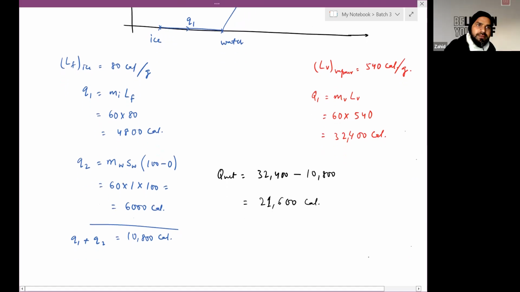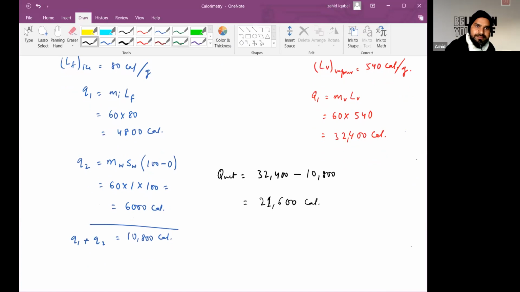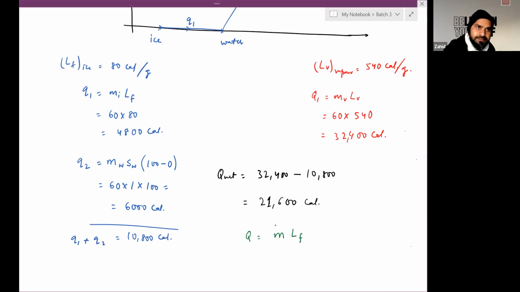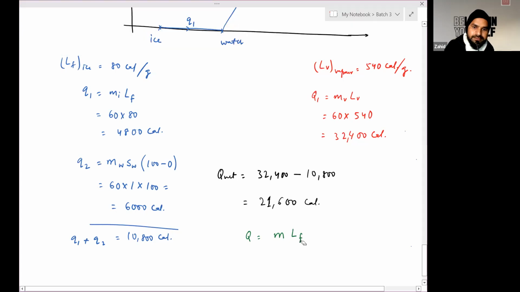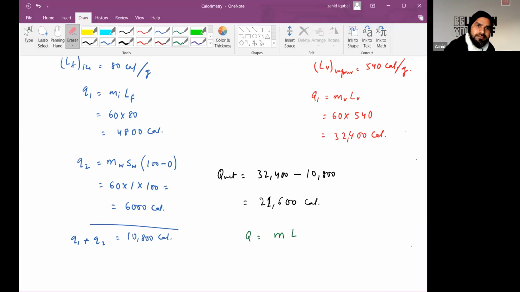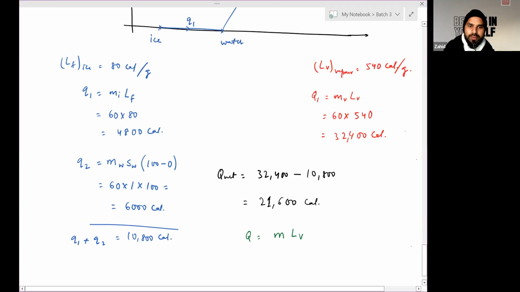So we may find it using the formula Q equals mass times latent heat of vaporization. We have Q, we have latent heat of vaporization, and we are trying to find the mass of liquid that will now convert into steam.